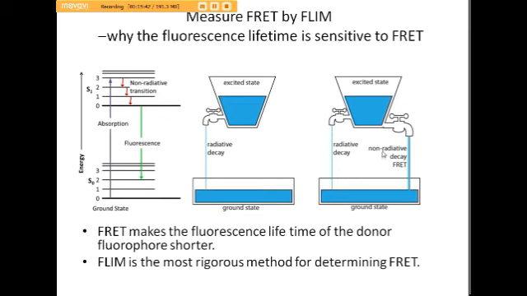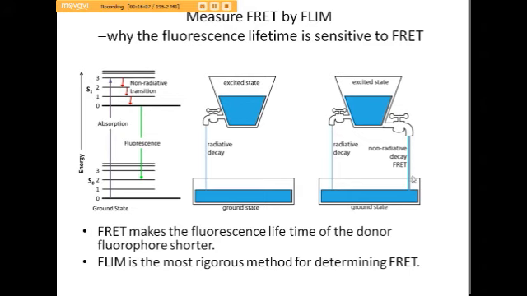FRET is a type of non-radiative decay. Once this fluorophore establishes FRET with an acceptor fluorophore, this will make the excited state return to the ground state faster. Here you have one tap to drain it. FRET is as if another tap.